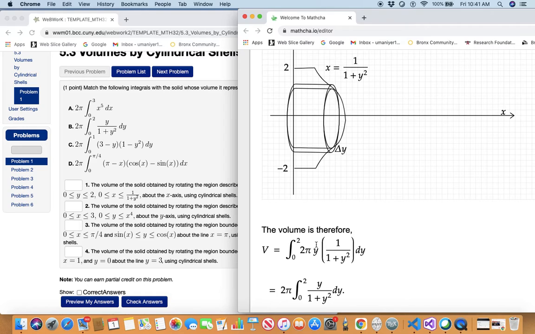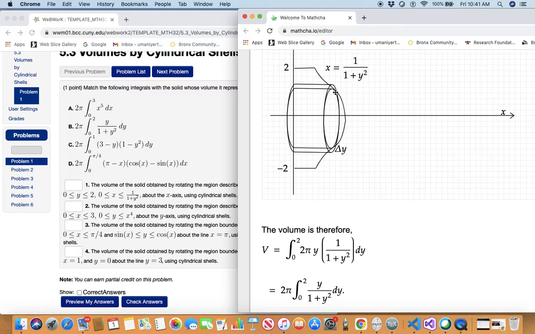2 pi radius. Well, for each cylinder, radius is this distance. So that's the y coordinate of your point. So y coordinate is the distance. So that's the radius. What's the height of your cylinder? Height is the x coordinate. X coordinate is 1 over 1 plus y squared because you're bound by this curve on the right.